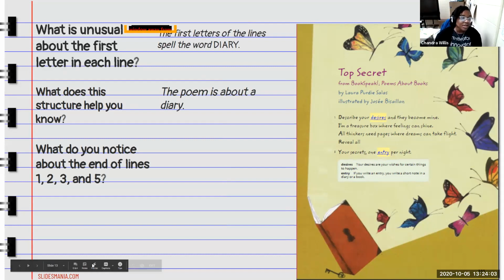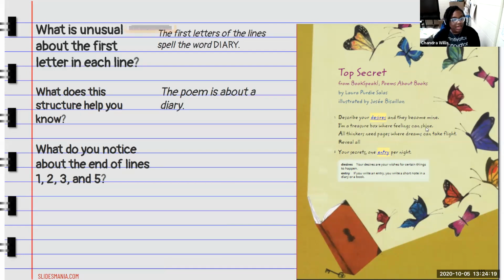What do you notice about the end of lines 1, 2, 3, and 5? What do you notice about the ends of those lines? Look at these lines. This is 1, 2, 3, and 5. What do you notice about the ends of those lines? Let's see.